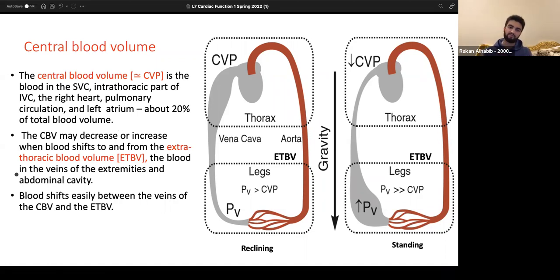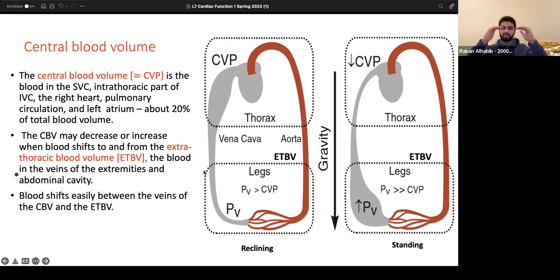He said that the central blood volume might decrease or increase when blood shifts to and from the extrathoracic blood volume. The extrathoracic blood volume is every vein found in the extremities and the abdominal cavity, every vein that is bringing blood to the inferior vena cava and superior vena cava.